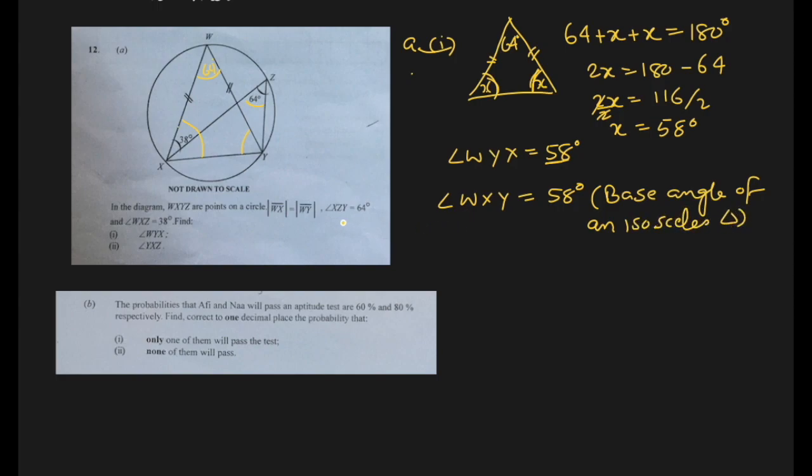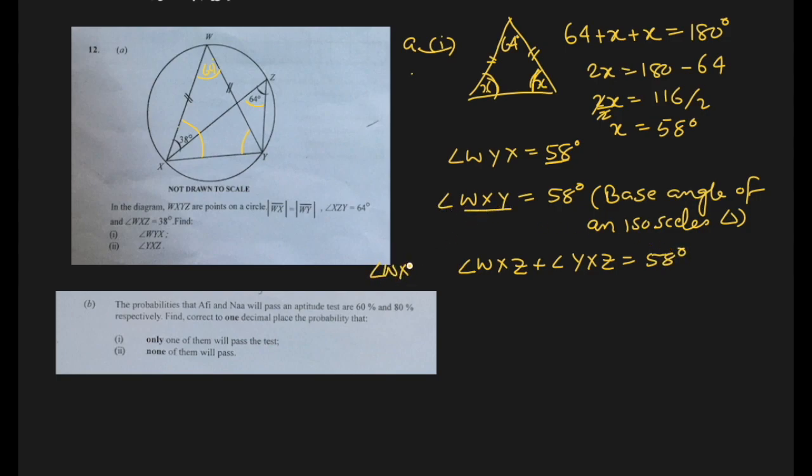Okay, so now we know that angle WXZ plus angle YXZ, which they are asking, is equal to 58 degrees because that is WXY.